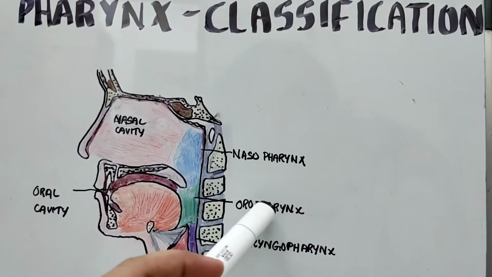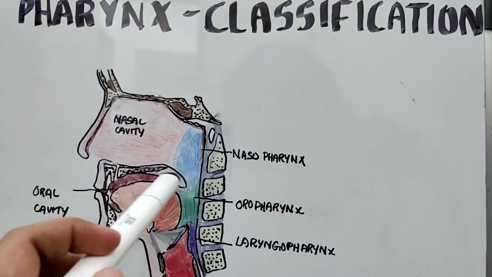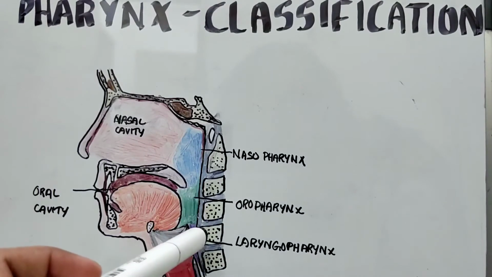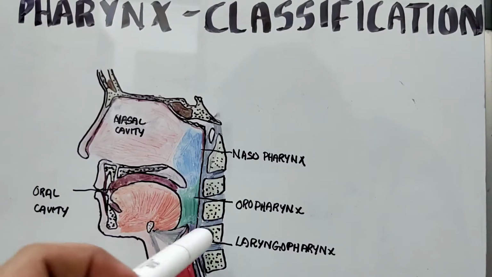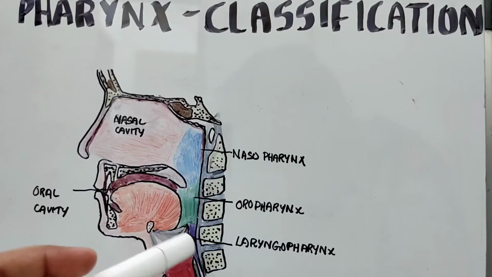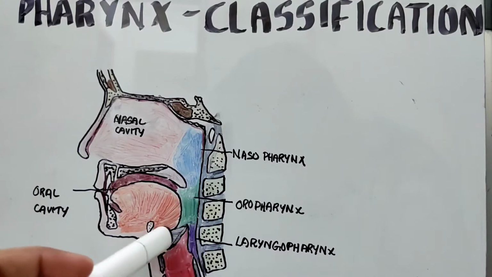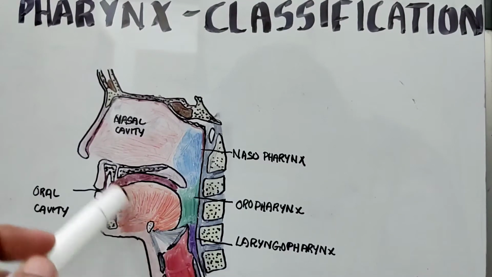Next, the oropharynx is anteriorly related to the oral cavity, and the laryngopharynx is anteriorly related to the inlet of the larynx, the posterior surface of the cricoid cartilage and also the arytenoid cartilage.